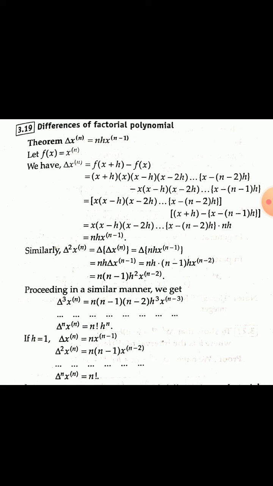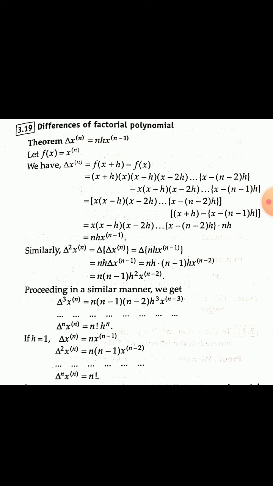So we finally get n(n minus 1)h square x^(n-2). Proceeding in a similar manner, we will get delta cube x^(n) is equal to n(n minus 1)(n minus 2)h cube x^(n-3), and so on.